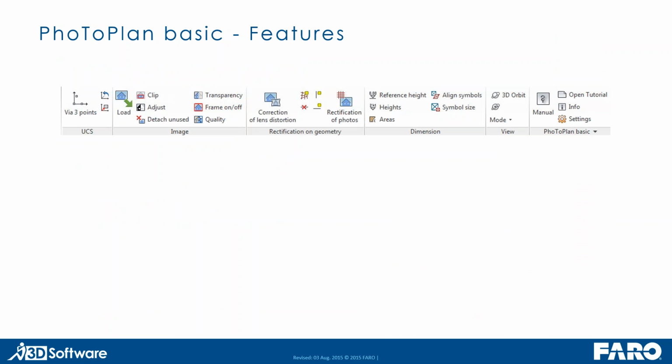Now let's have a look at the features, at the functionality of PhotoPlan. We have 4 different modules of PhotoPlan, which are based on each other. Let me start with the smallest PhotoPlan package, which is PhotoPlan Basic.